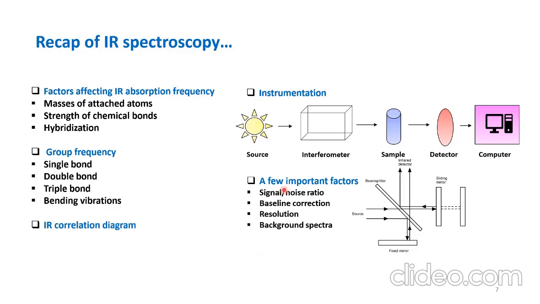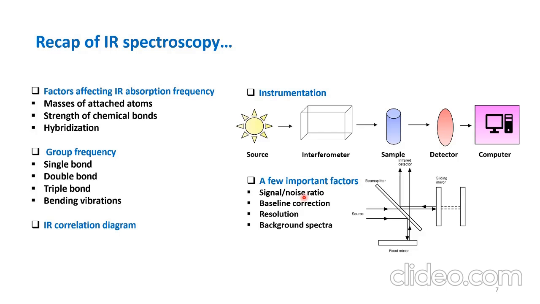Then there are a few important factors which need to be taken care of, like signal to noise ratio. The signal to noise ratio should be high so that there is less noise in our spectra.